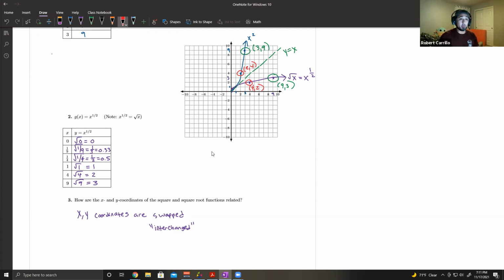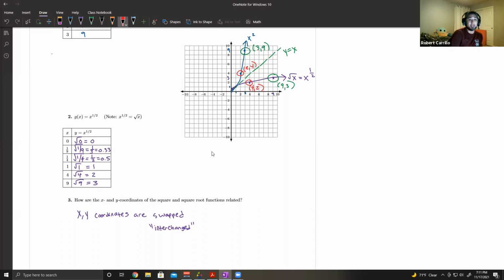Graphically, if they are true inverses of each other, they reflect, or they are symmetric about the line y equals x. And then dealing with domain and range, it still deals with the way x and y are swapped. So the domain and range of one function, if you flip it around, becomes the range and the domain of the other function. So it's pretty cool.